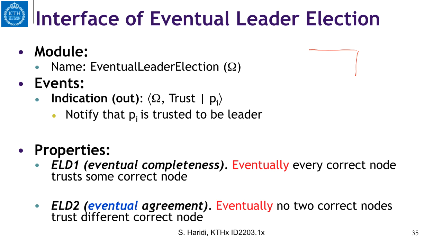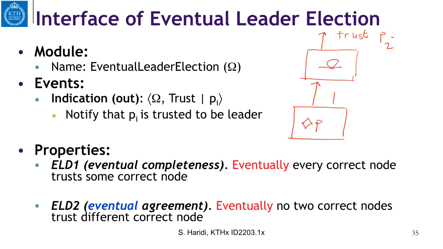Let us look at the implementation of the eventual leader election omega. So omega has one indication event, which is just trust some process P_i. Omega uses an eventually perfect failure detector, diamond P. And if you remember, diamond P has two events.